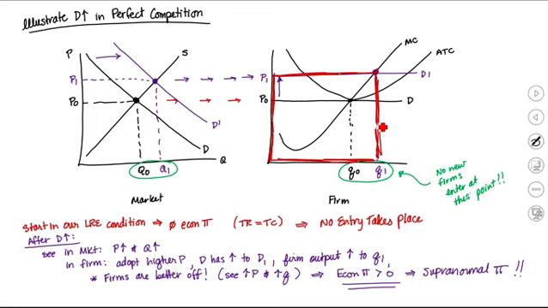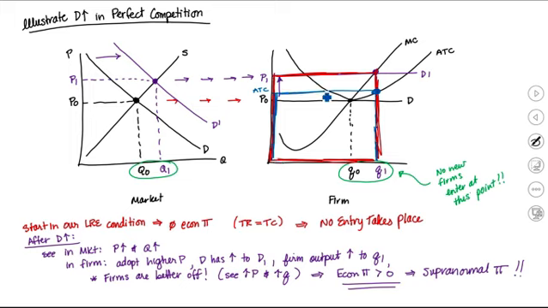Can you find total cost? Let's make sure we can do it with our fingers. You go from Q1 up to the average total cost curve, right? Everyone agree? You go up and you grab the relevant point and you go over, right? So average total cost is right here.